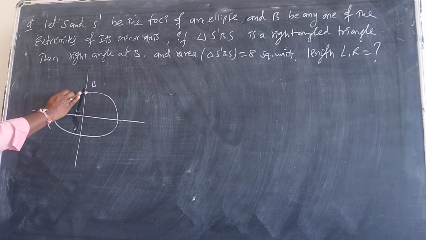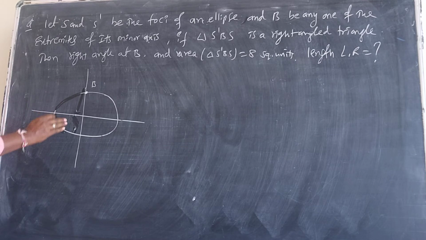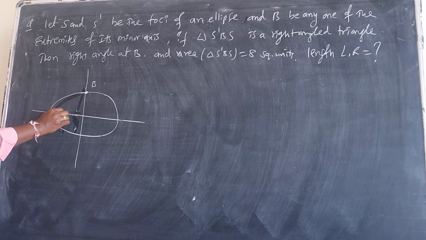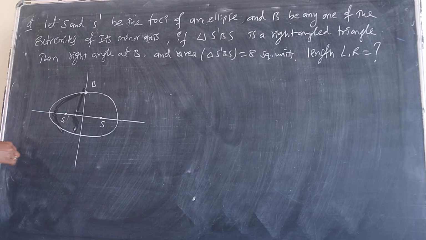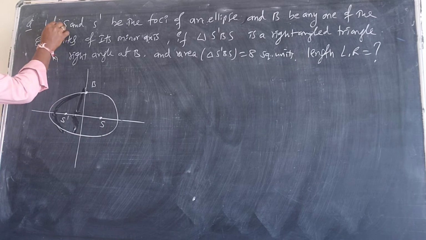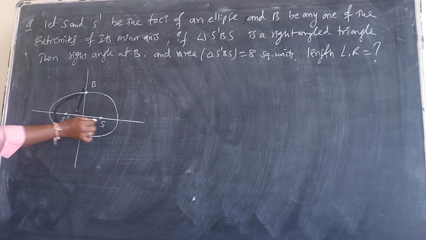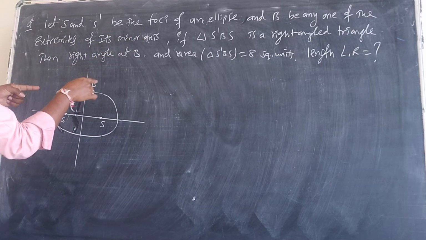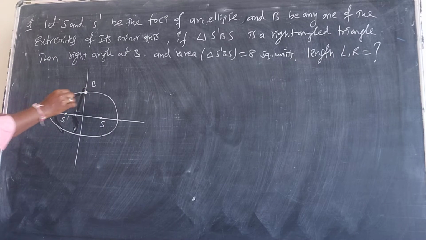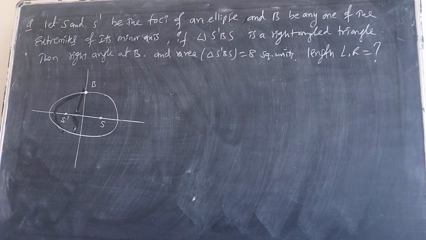And he said that S dash is the focus. So here S is one focus and S dash is the other. Listen here, Tanishka. S dash is the focus, and he is saying that B is at the extremities, meaning the corner of its minor axis.